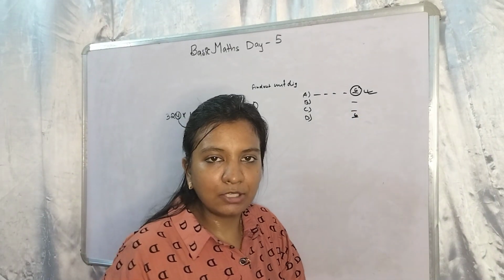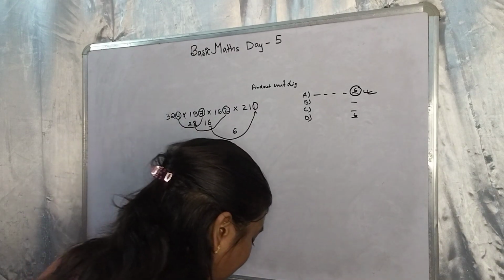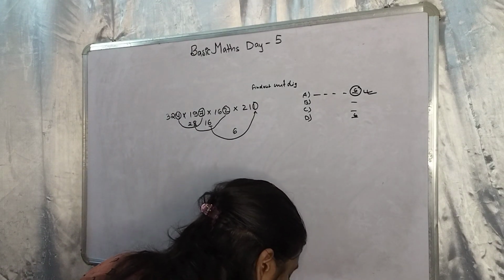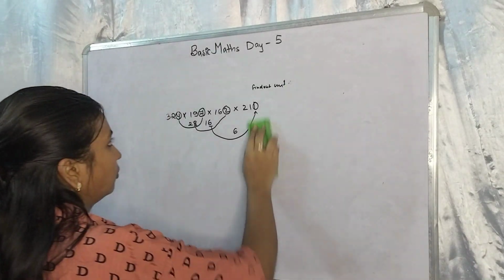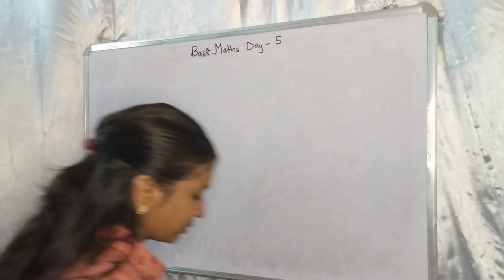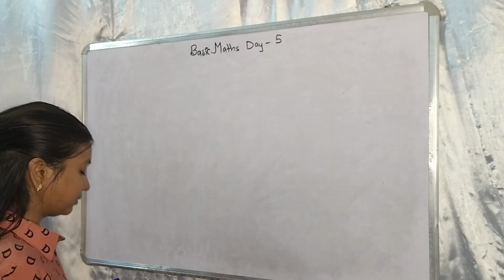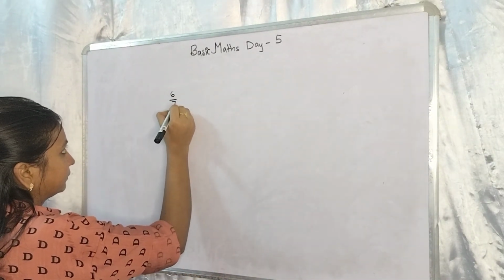And now, this is also a very important question, where you are told to find out the biggest number and the smallest number, which is the biggest fraction and which one is the smallest fraction.